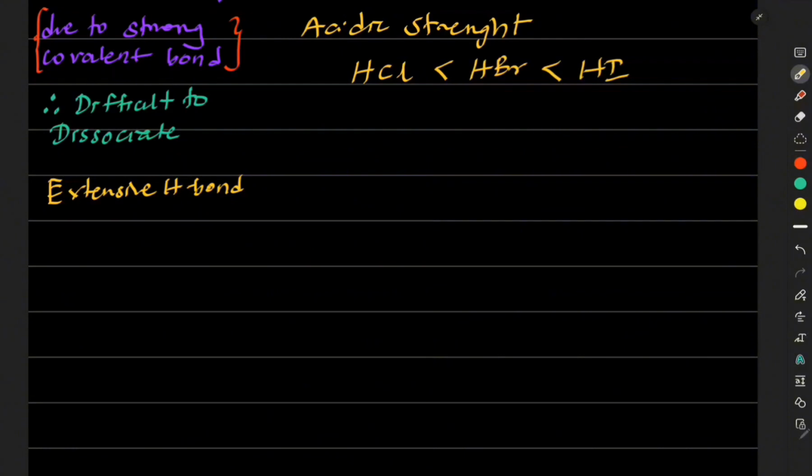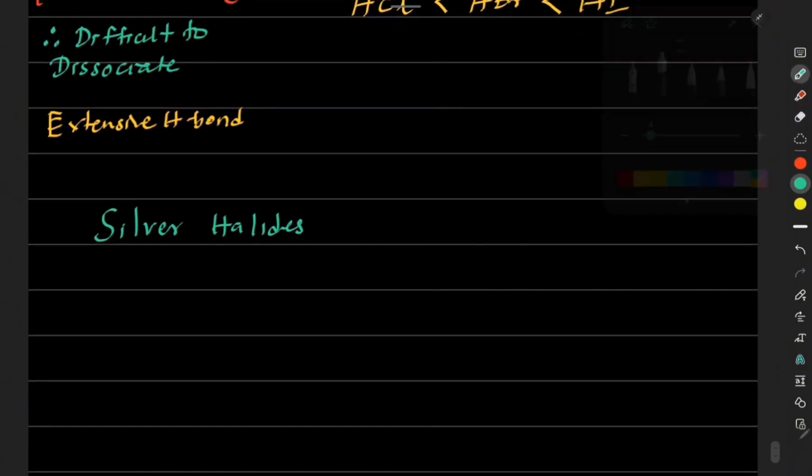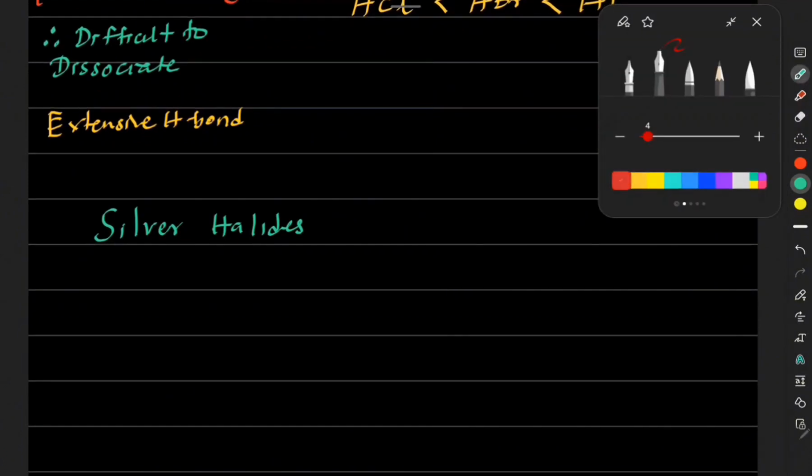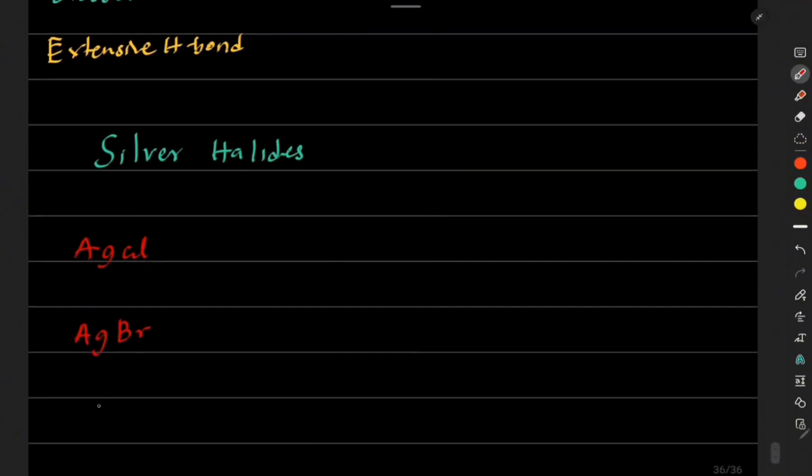Our next subtopic is silver halides. Let's write down the silver halides: AgCl, AgBr, and AgI.